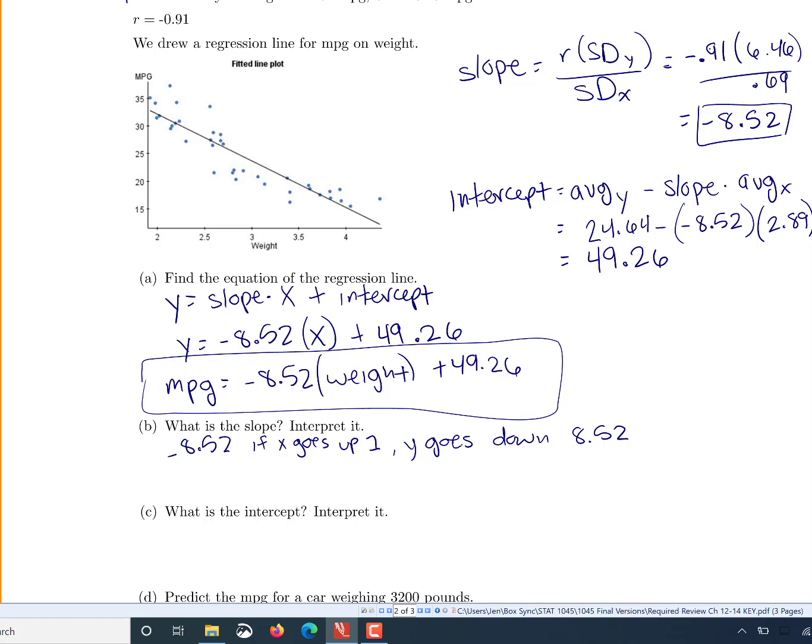So let's see, x is weight. So if we go up 1, except for, remember, we're dealing with thousands of pounds. Our units were thousands of pounds. So if we go up 1,000 pounds, we predict miles per gallon to go down 8.52.